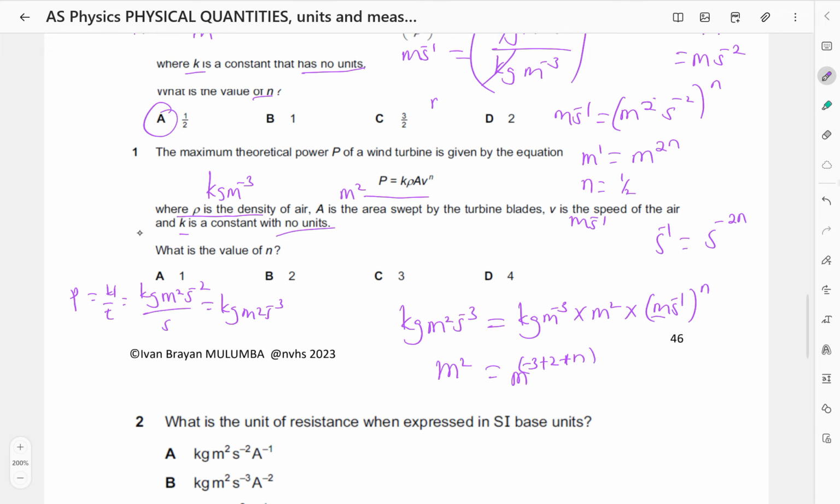So on the left hand side I have 2 equals -3 plus 2, which is -1, plus n. So 2 is equal to -1 plus n. That means that n is equal to 3. So our answer is going to be C, n is equal to 3.